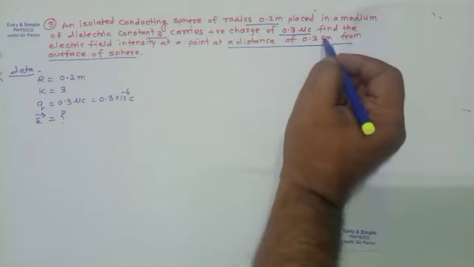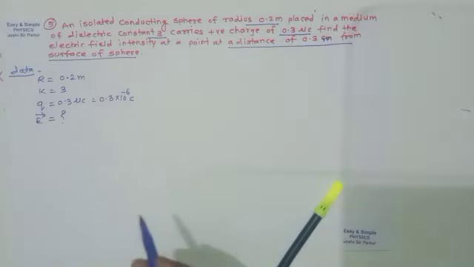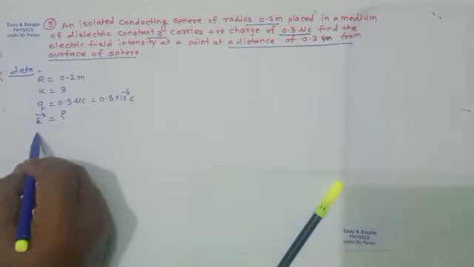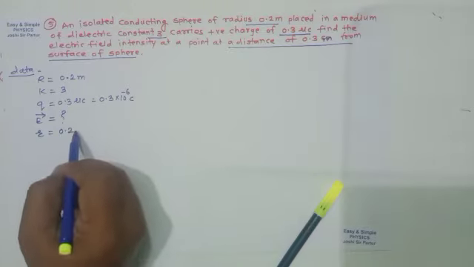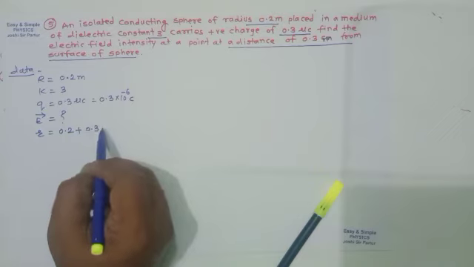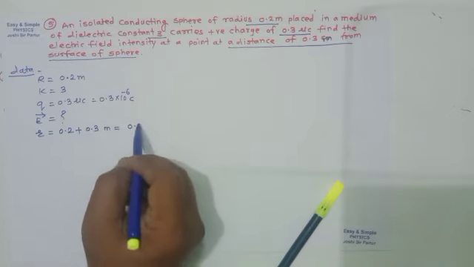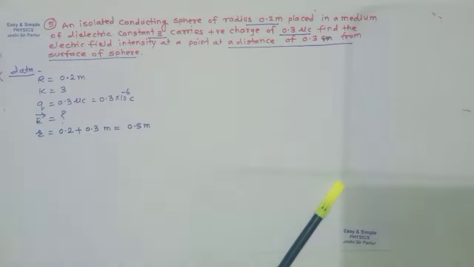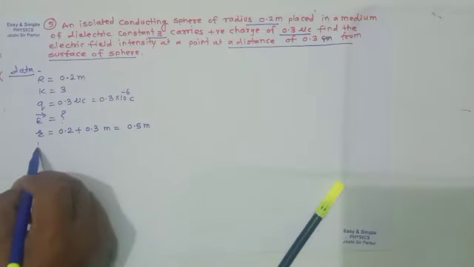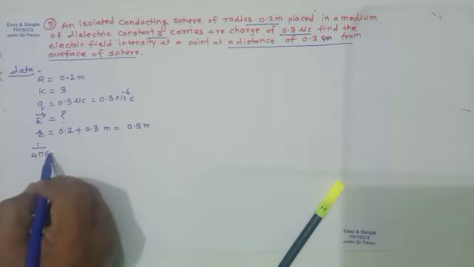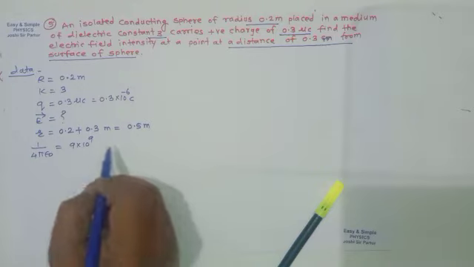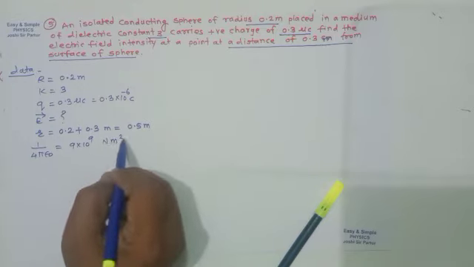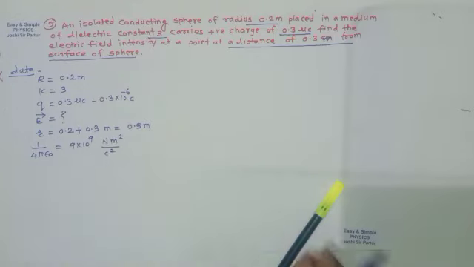Here 0.3 meter is given, so use r equal to the distance from the center, which means 0.2 plus 0.3 meter, that is 0.5 meter. And here we know that the value 1 upon 4 pi epsilon 0 is 9 into 10 raised to 9 Newton meter square per Coulomb square.